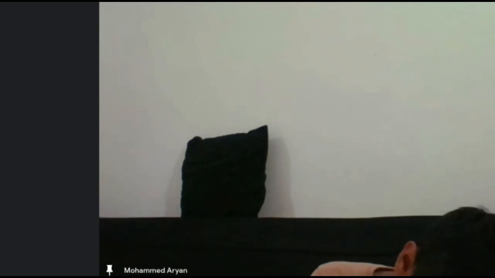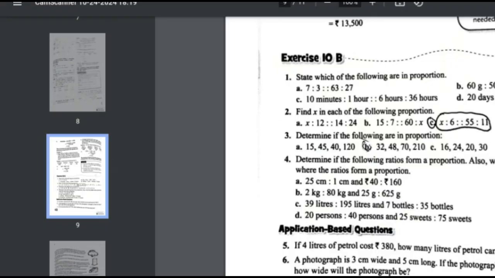So 380x equals 4 multiplied by 665, which equals 4 times 665, 2660.